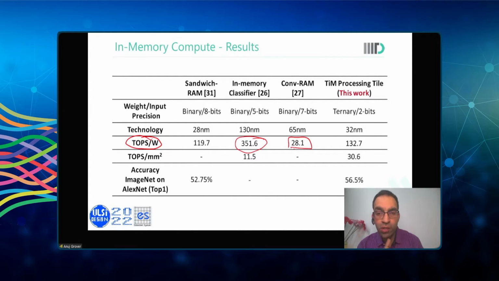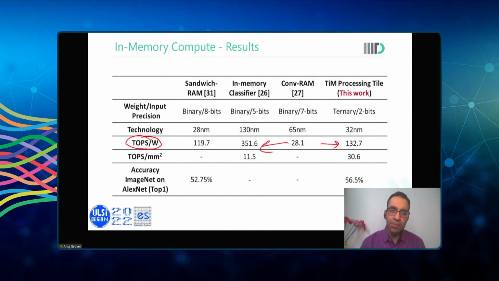And mind you, while this figure is technology dependent, it is not that simple. 28.1 at 65 nanometers would translate to a higher value at 130, or a lower value at a lower technology node. Just technology scaling could give you some benefits in terms of TOPS per watt, but you will notice that architectural changes can give you bigger benefits.